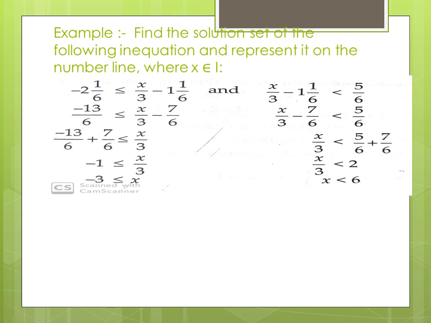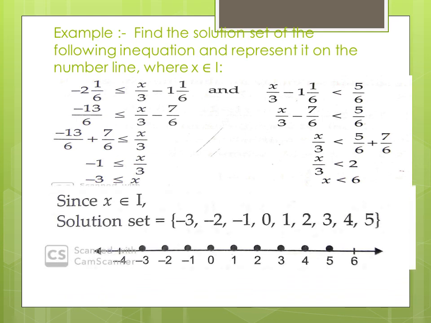Now we have to combine these two. So if you observe, x lies between -3 and 6. We can combine to write down the solution set. And if you observe the question, x belongs to I, which means it is the set of all integers. So the solution set is -3, because x is equal to -3 also. So we start with -3, -2, -1, 0, 1, 2, 3, 4, 5.